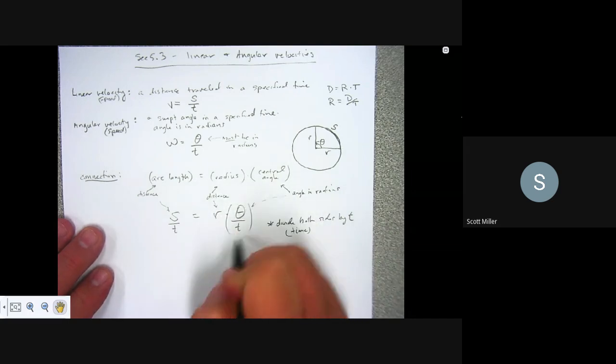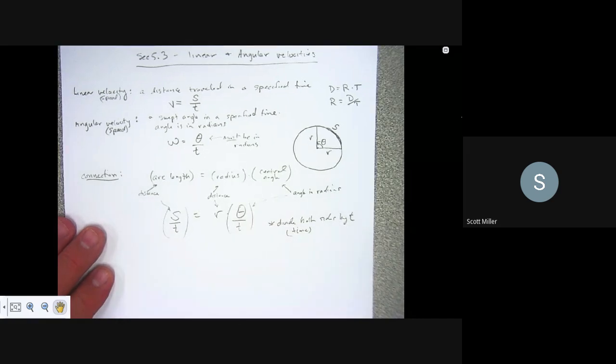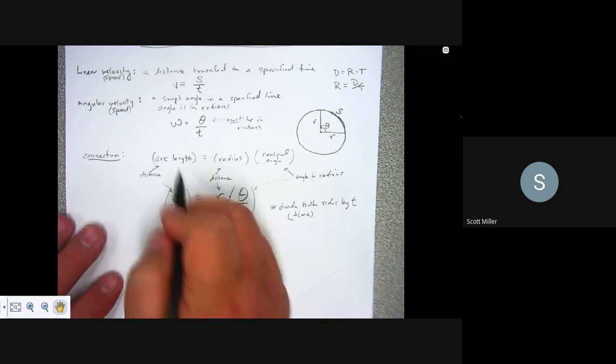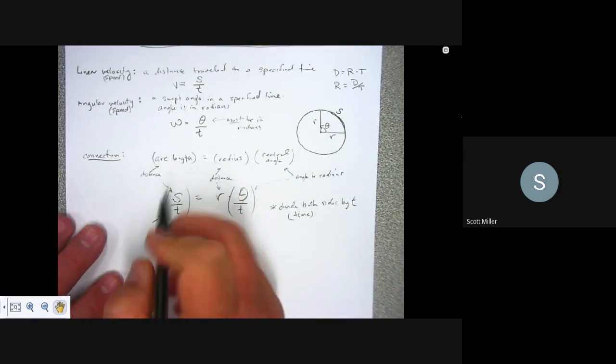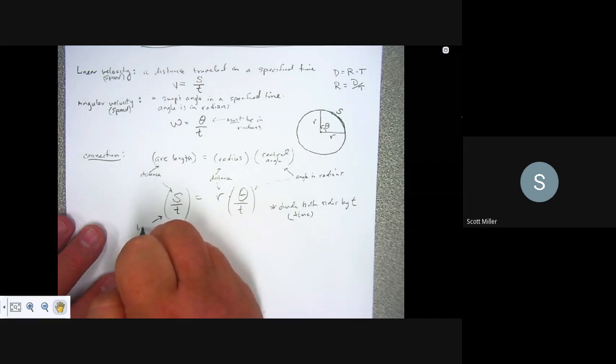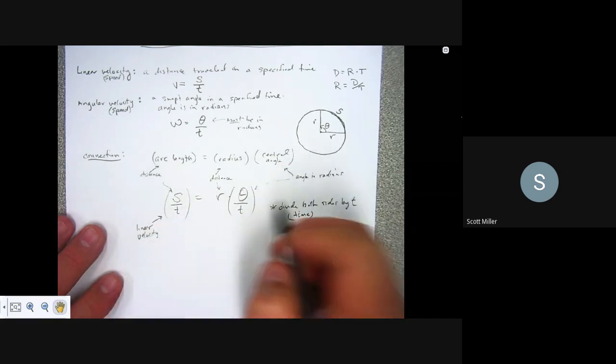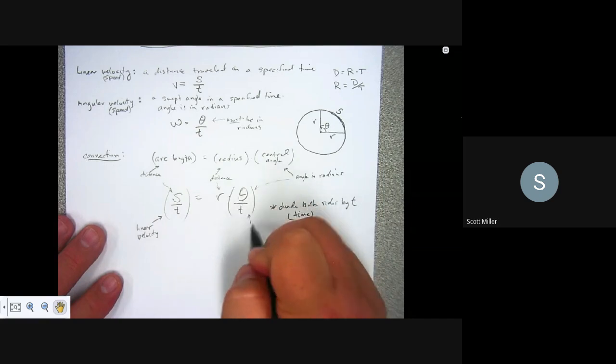And what you notice is I now have not just the length, or distance, this now becomes a linear velocity or linear speed. And this becomes the angular speed or velocity.